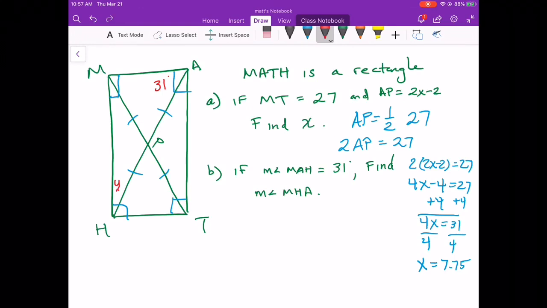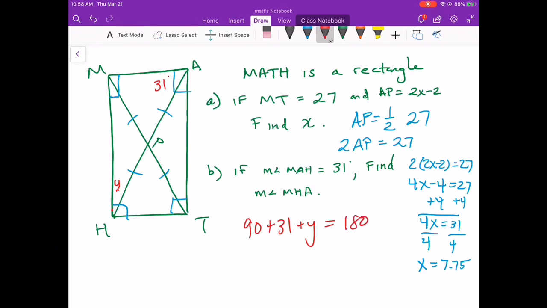Well, similar to our earlier problem, the angles of triangle HAM, that's this top left triangle, MHA or MAH or HMA, all of those are the same triangle. That's a right triangle with the angles 90 degrees, 31 degrees, and y, and all of those should add up to 180 degrees.